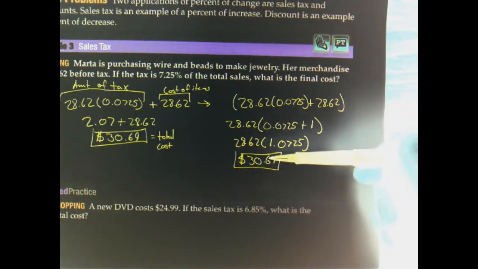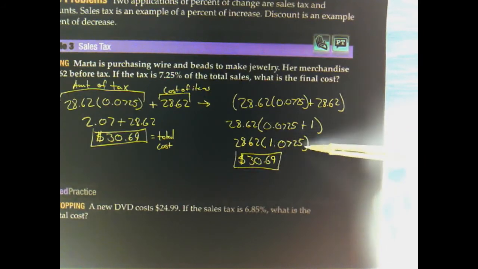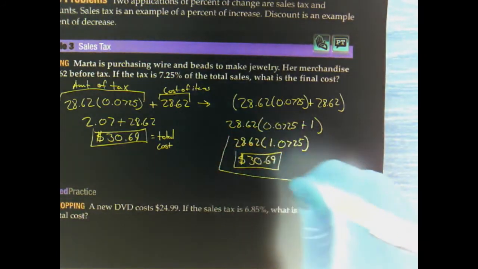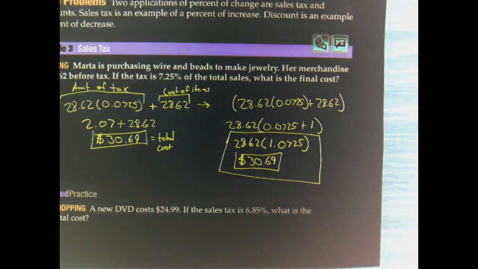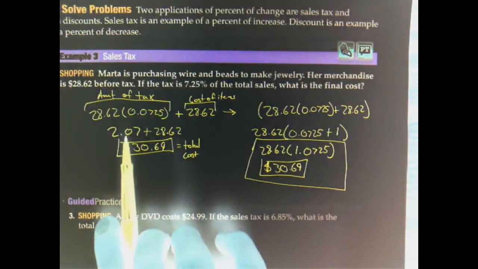It's a shortcut to know that you can just take 1 point and then your percent of tax or your percent of increase, and that will give you the total amount right away. So if you are a person who really knows what's going on, you're kind of street smarts, I would say, this is how you would do that in one simple step. Here is the math why you can do that. That is why you can have the shortcut, but this is the shortcut. Now, if that doesn't make sense to you, if you can't remember that, do it this way.